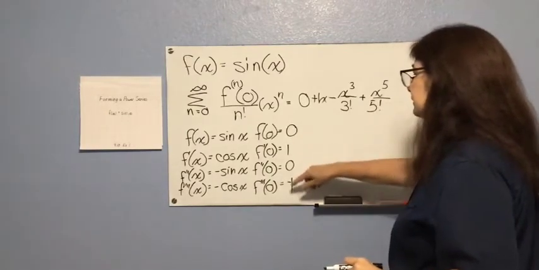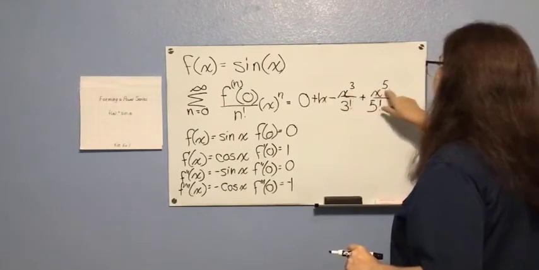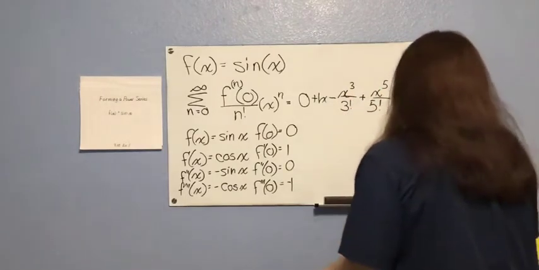Because every other derivative is 0, I'm only going to have odd powers in my series.